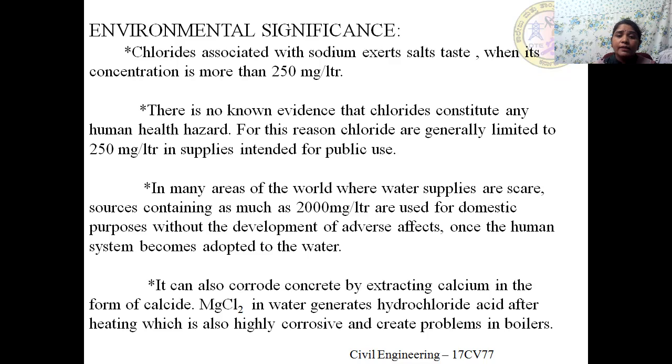So when they use water which has a chloride content of more than 2000 mg per liter for various domestic purposes, fortunately, they have not developed any adverse effects, which means a high chloride content of 2000 mg per liter is consumed without any health hazard.